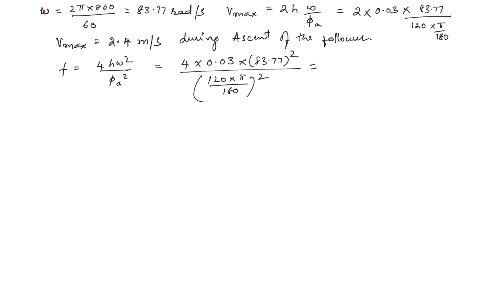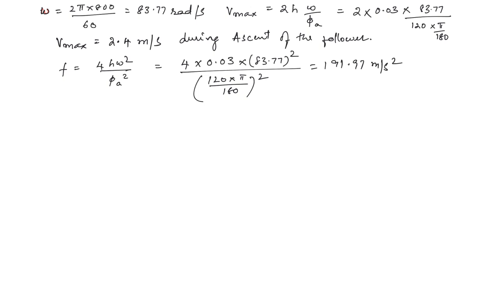So that will be equal to 191.97 meters per second square. So that is the uniform acceleration during ascent.